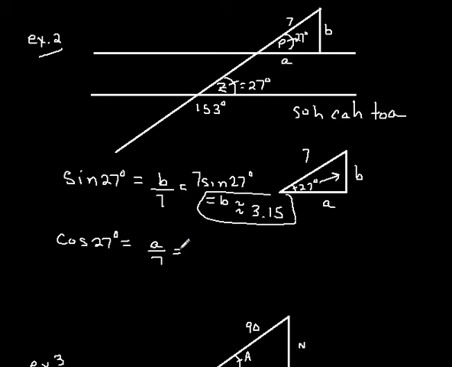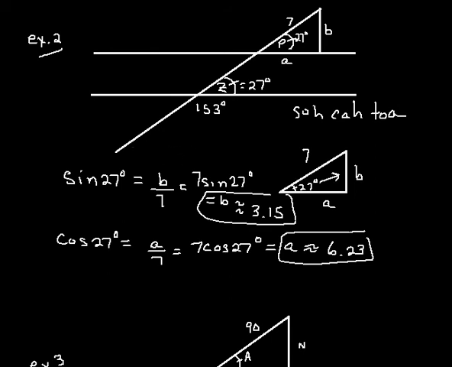So that would be 7 cosine of 27 equals A. And that's approximately equal to, because we're rounding, we always say approximately, 6.23. So we solved for all the angles and all the sides of this parallel line structure cut by a transversal.